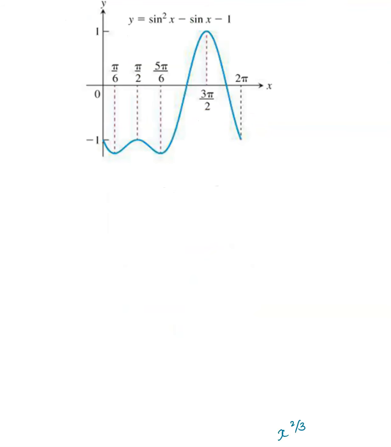We'll do a similar one for this type, where this function is h of x equals 2x cubed minus 18x. Same thing, we need to find the critical points and use them to determine the behavior of h, whether it's increasing or decreasing.